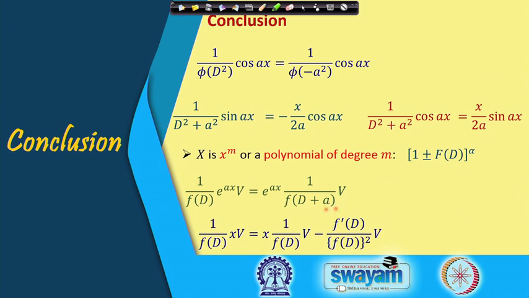Finally, we have also learnt about this formula when 1 over f(D) we are applying on x times v, then this is kind of a product rule, the x, and then you apply this 1 over f(D) on v, then minus the derivative of f(D) with respect to D, divided by f(D) whole square, on v. So, we have seen so many tricks about getting this integral.